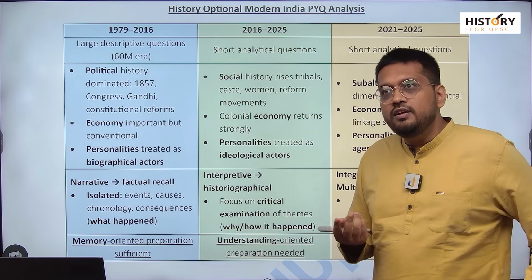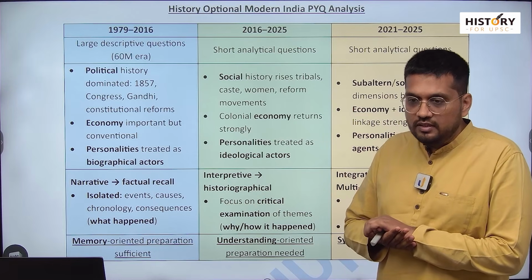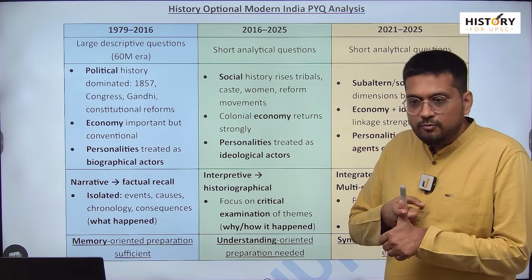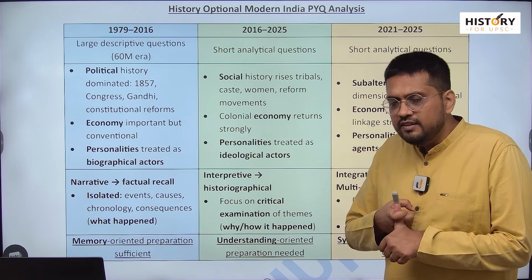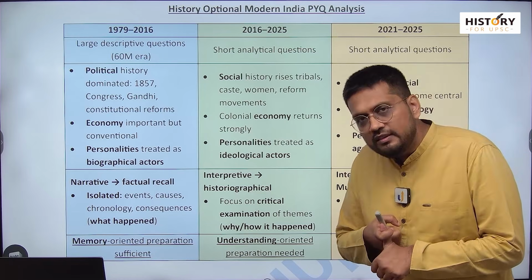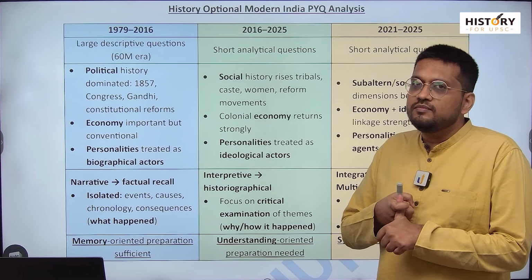So there are only 2 books which people study now. One is Sekhar Bandyopadhyay, which is quite difficult to start with. I'll cover all the themes of Bandyopadhyay for the exam in our classes.